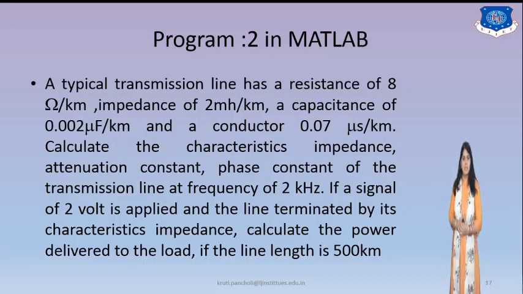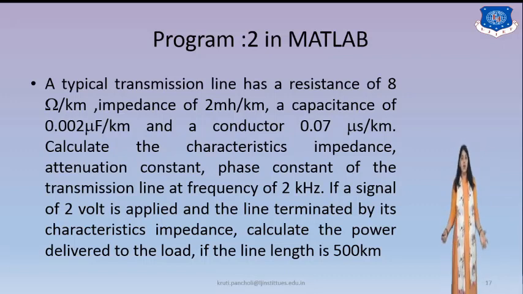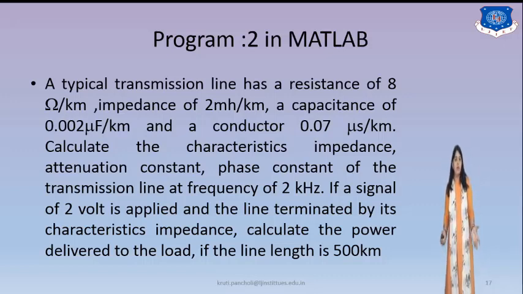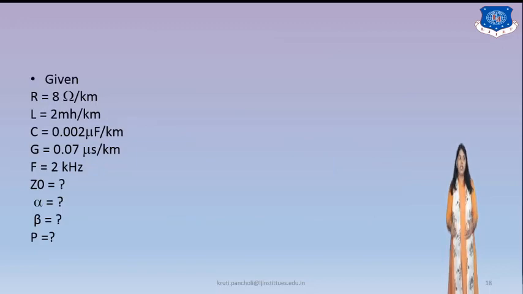Calculate the characteristic impedance, attenuation constant, and phase constant of the transmission line at a frequency of 2 kHz. Now, if a signal of 2 volts is applied and the line is terminated by its characteristic impedance, calculate the power delivered to the load, where the line length is 500 km.